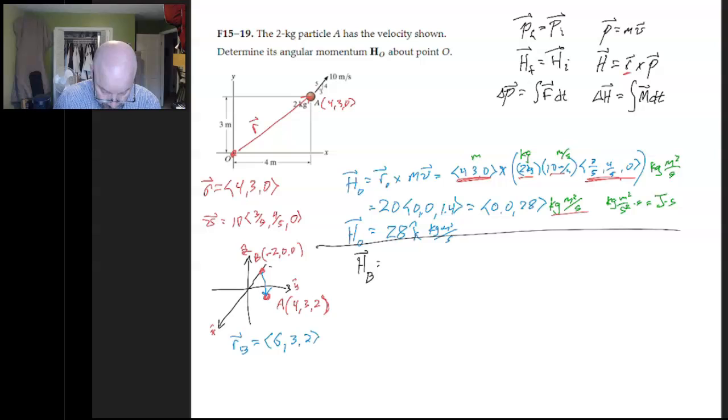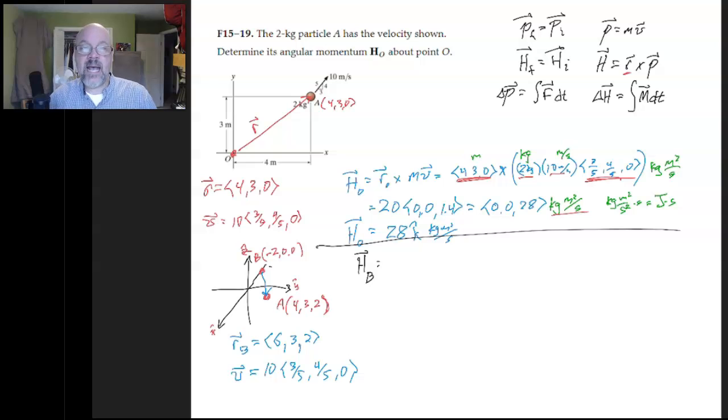Now the velocity vector, I don't want to change that. I'm going to stay with the same velocity vector, 3/5, 4/5, 0. All that remains the same.